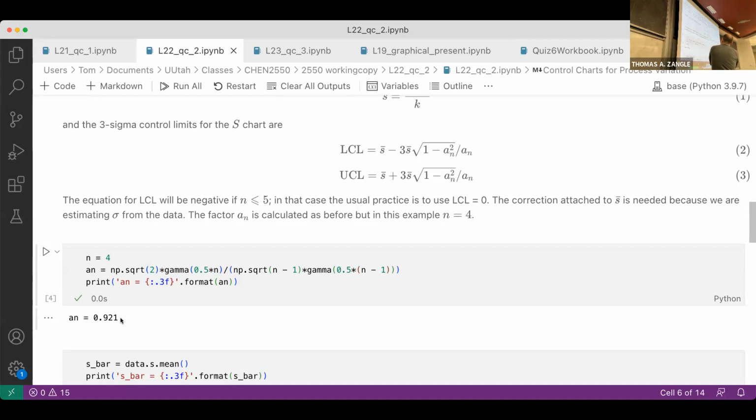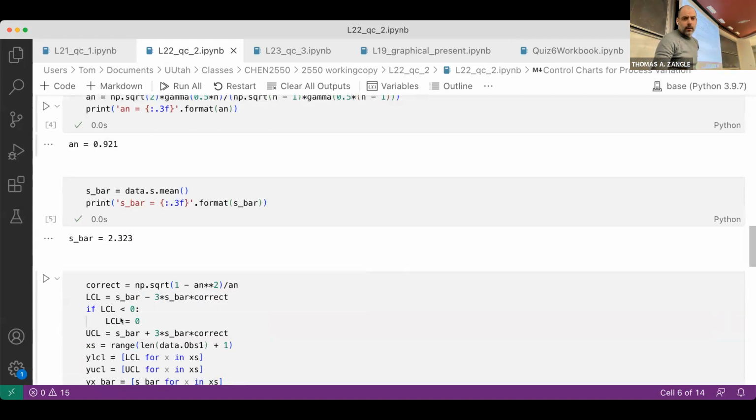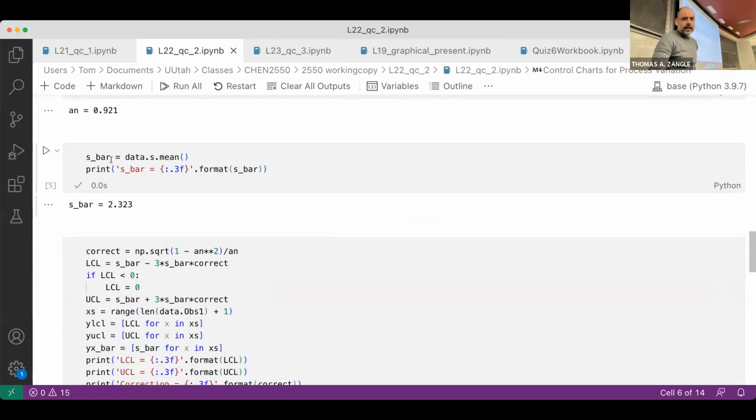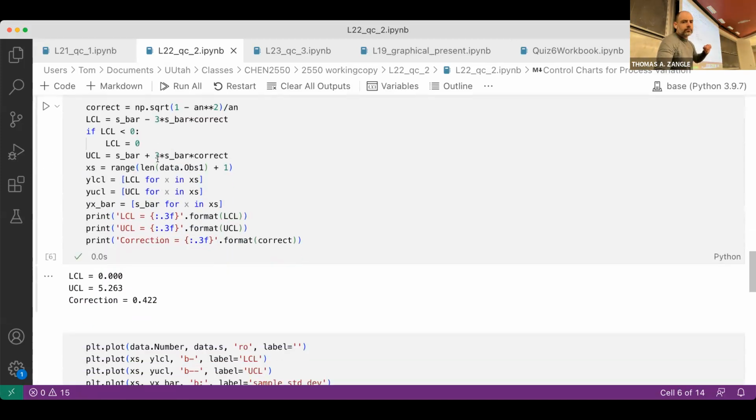Using that a sub n, which we can compute, this is how we compute it in Python. We could also look it up if we were given a table of a sub n. Then we compute our S bar, which is just the mean of all of the individual estimates of the standard deviation.